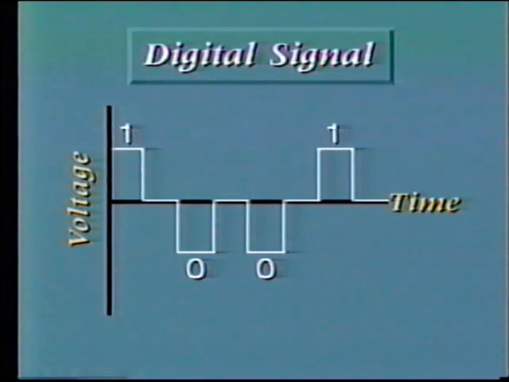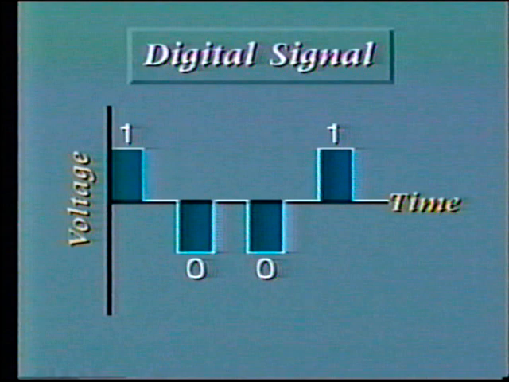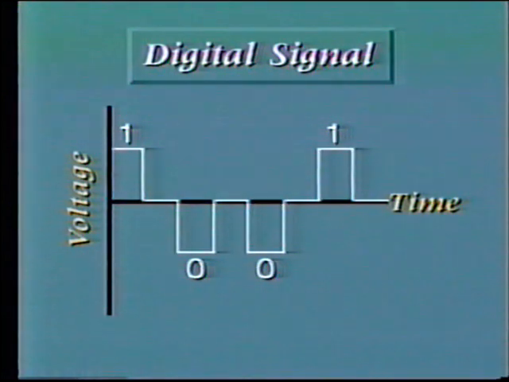We have already discussed digital signals and binary numbers in earlier tapes in this series. But let's take a diversion and briefly review this again. The digital signal is actually a series of very low voltage pulses, each of extremely short duration, perhaps microseconds. For example, with this signal, the positive pulse represents the digit 1, while the negative pulse represents 0.